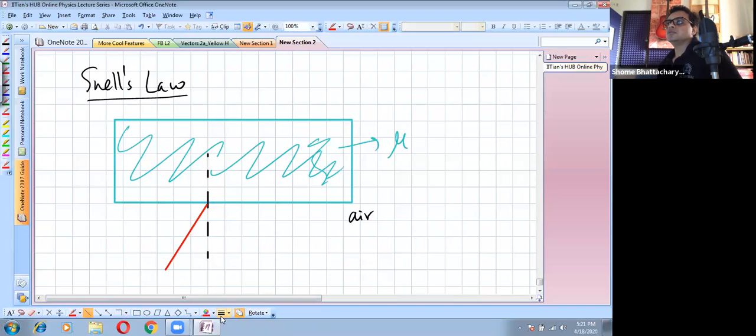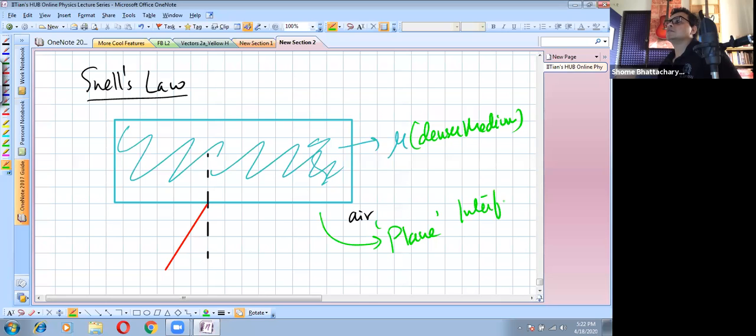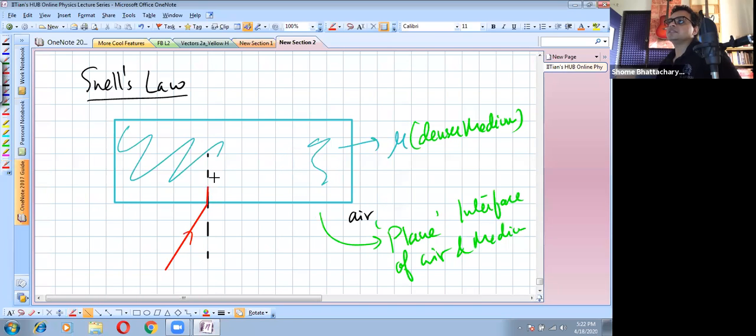This thing over here is the denser medium, and this is the plane interface of air and the medium, whatever that medium is, glass or whatever. Snell's law is an experimental law which tells us that this particular ray of light going into a denser medium will bend towards the normal.